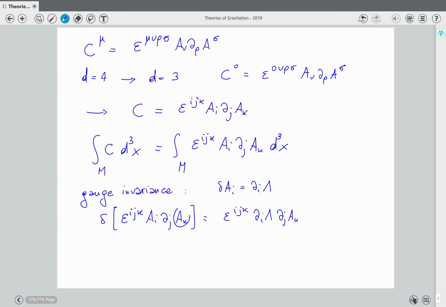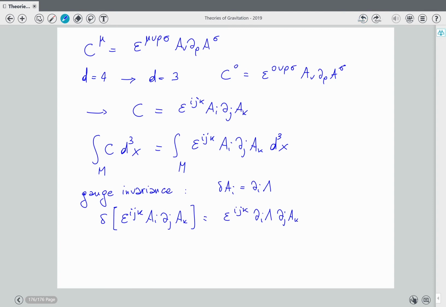And when I apply the variation to A_k, I obtain ∂_k λ. This thing is 0 because there are two derivatives on it, ∂_j and ∂_k, and there is an epsilon that kills them, so that is not important.